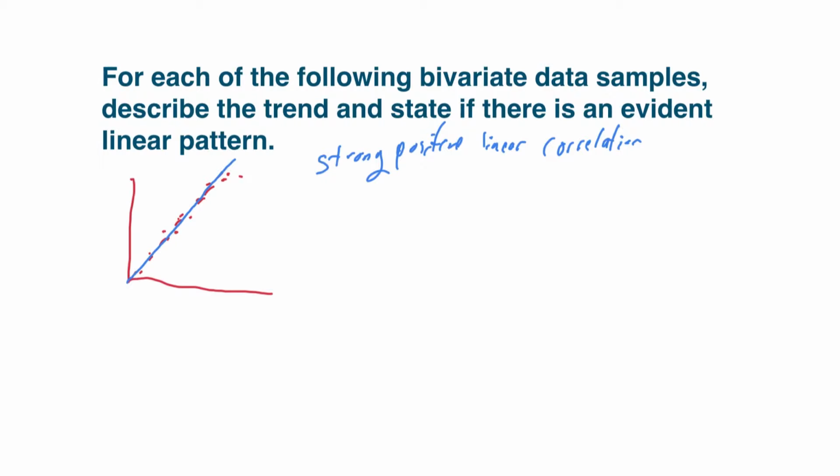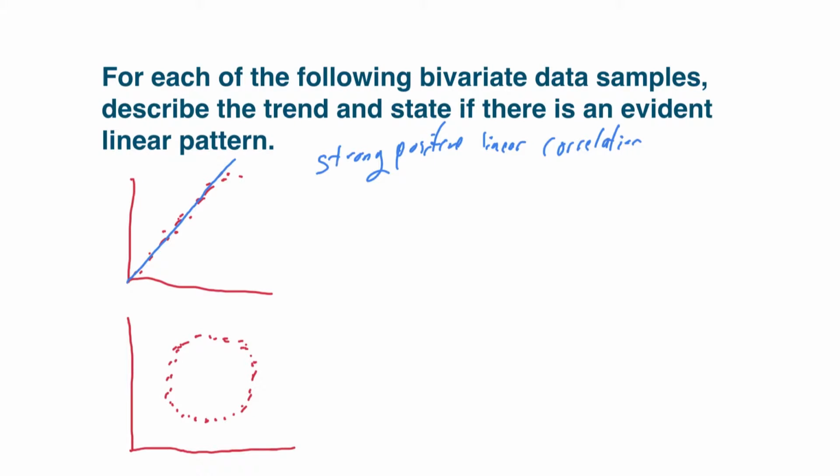We can look at another data set. Again, I'm just coming up with these on the fly. So how about this one? We ask ourselves the question, is there a linear pattern in the data? I claim no. If I try to draw a line, none of them really work very well.